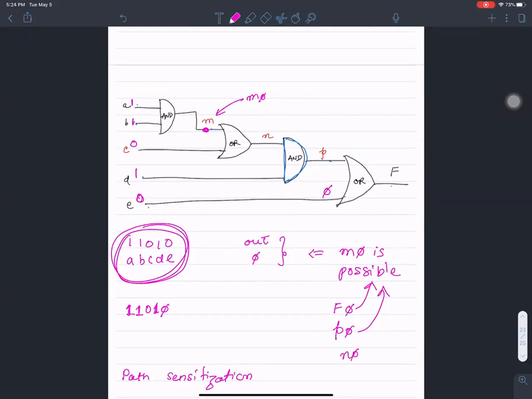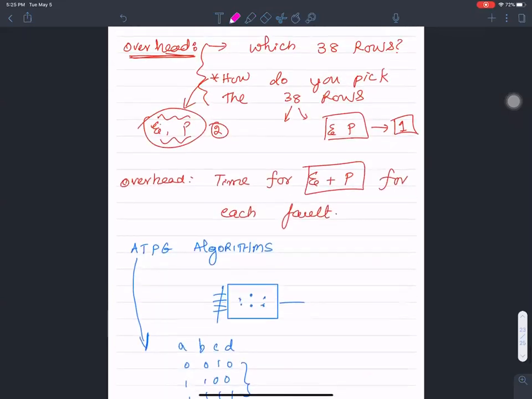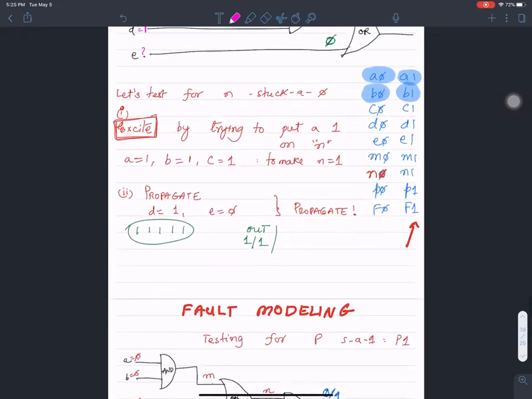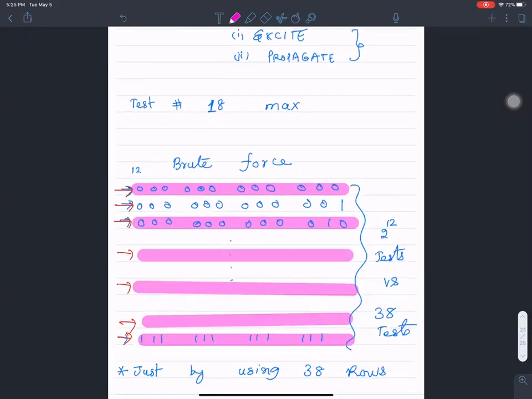It could also be used to test for F stuck at 0. So the same input test pattern can be used to test for more than one fault. In one shot, just by finding this input test pattern, I can eliminate more than one fault. If I go back to the list of all possible faults, I can knock out more than one fault in one shot. So that is where this technique becomes more advantageous.